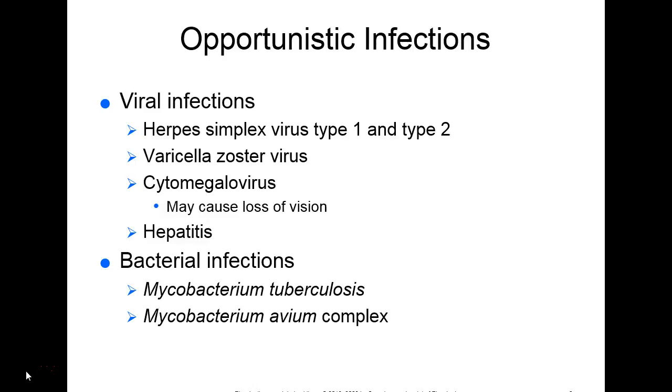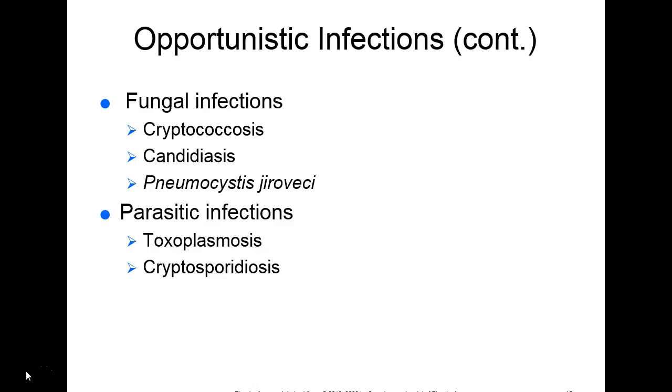They can be viral infections such as the herpes virus or the cytomegalovirus, hepatitis. They can exhibit bacterial infections like Mycobacterium tuberculosis and Mycobacterium avium complex. They can also develop cryptococcosis and candidiasis.